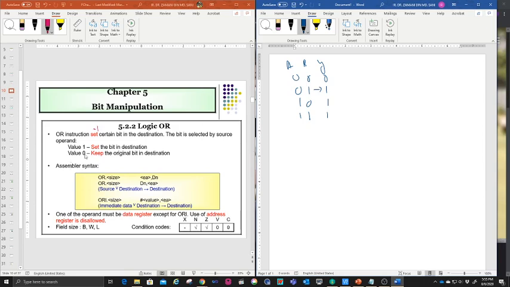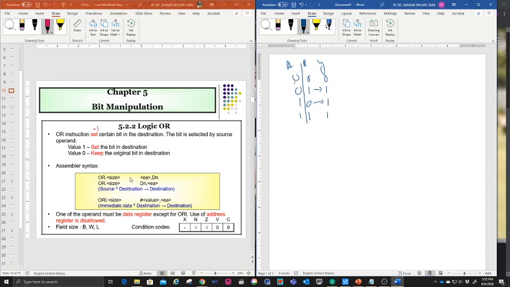If you put 0, the result will keep the value of the first operand here. Let's say for example, if you have 1 here, then the result will be 1. If you put 0, you will always have the same value as the input.